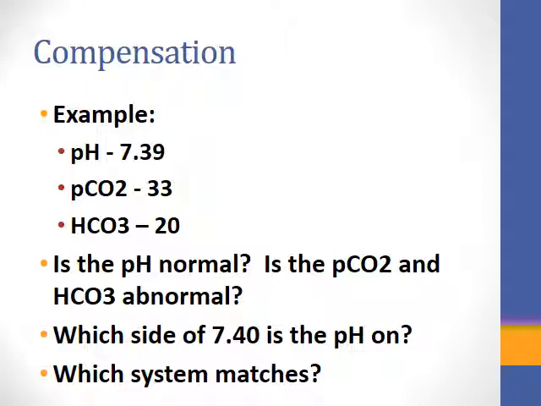You've got to know your ranges and write those down. Then you need to know which side of 7.40 is the pH on. Is it an acid or is it an alkalotic? By looking at 7.39, and you may need to refer back to the slide before to see those ranges. So then ask yourself which system it matches. Try to work this out before going on to the next slide.